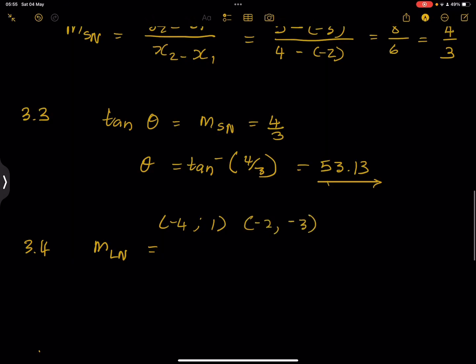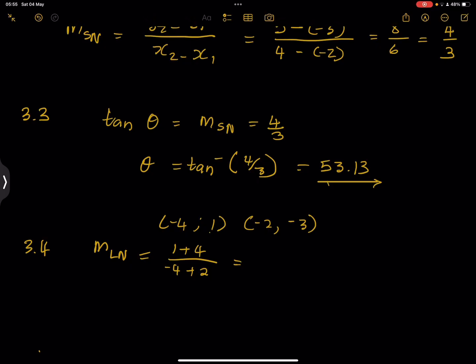Okay, right, so that gradient would be equal to y2, that's 1, minus -3, so that gives us 1 plus 4, divided by, right, so we said -4 plus 2. And so that gradient, we get that to be 5 over -2. Okay, so please keep that in mind.